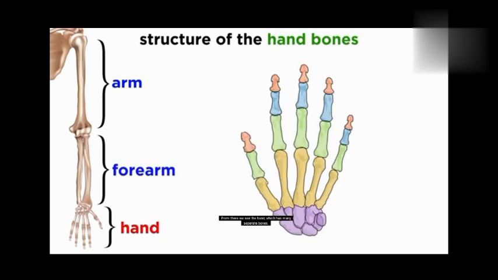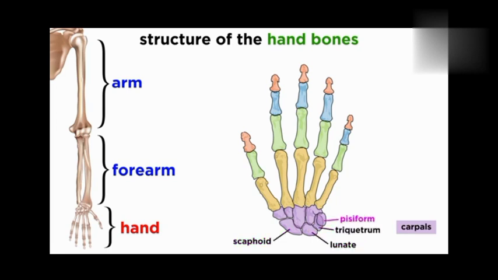From there we see the hand, which has many separate bones. The carpus, or wrist, is made of 8 short bones called scaphoid, lunate, triquetrum, pisiform, and then the trapezium, trapezoid, capitate, and hamate.